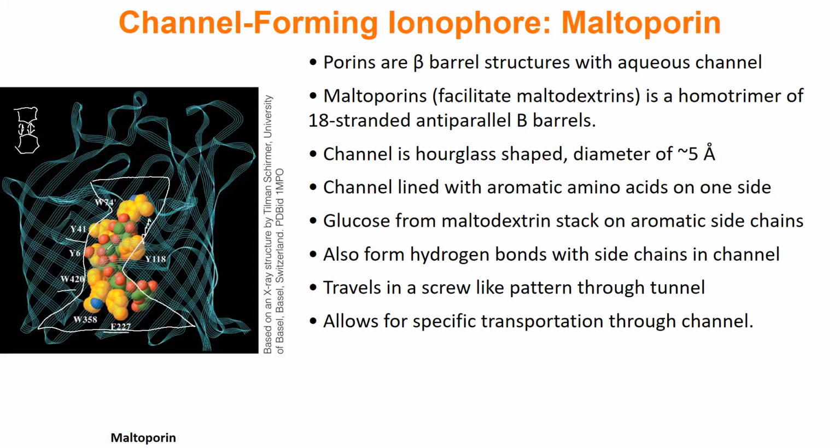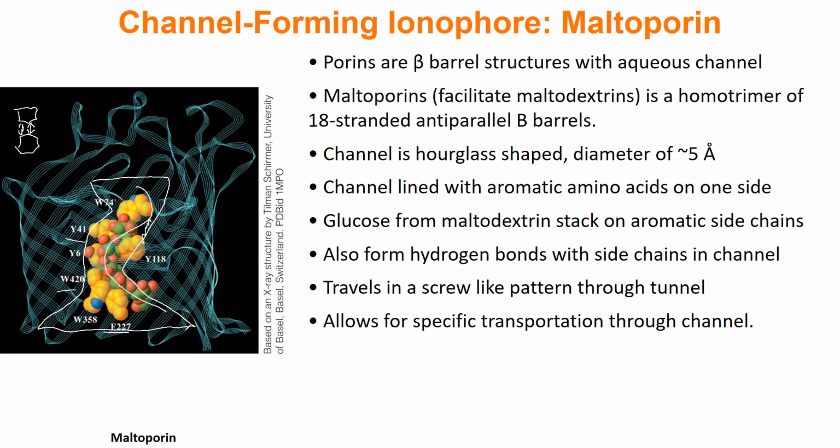And you also have hydrogen bonds with all the oxygens of your sugar with different amino acids in here. So you're making sure that throughout the transportation system, this maltodextrin is constantly in contact with amino acids that react favorably. And when you're going through this, you're kind of going through like a screw.